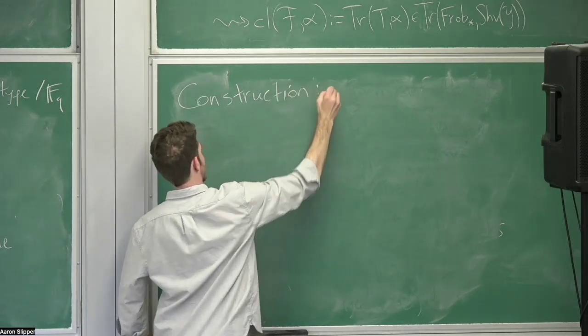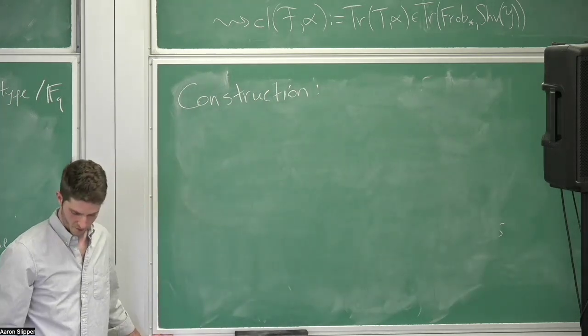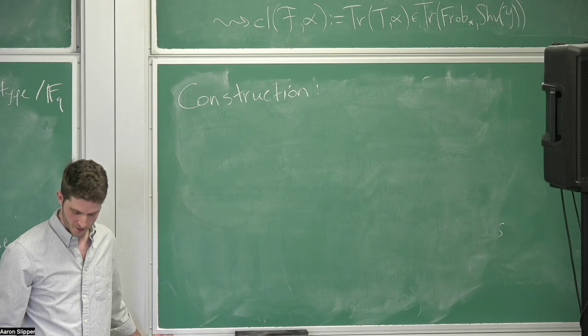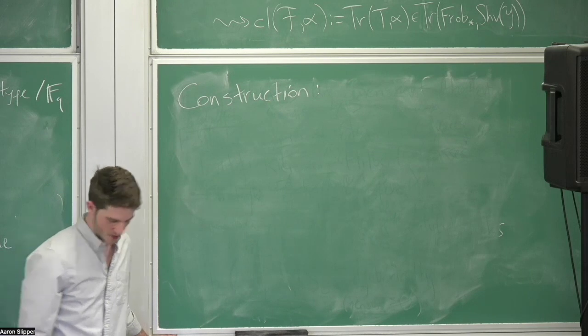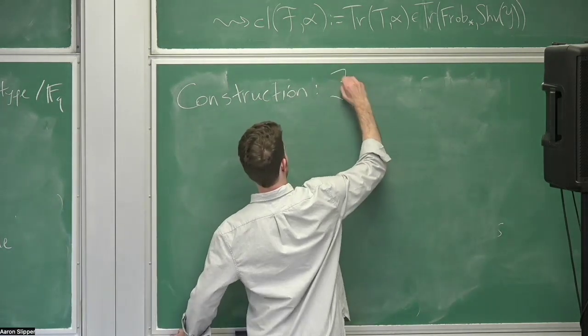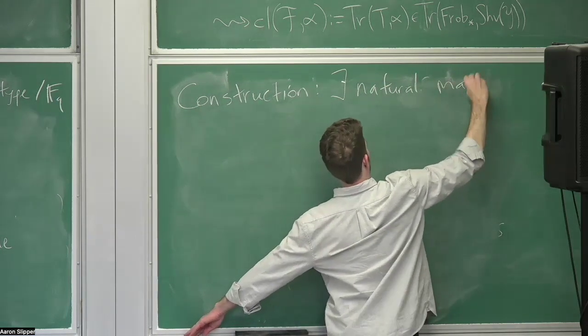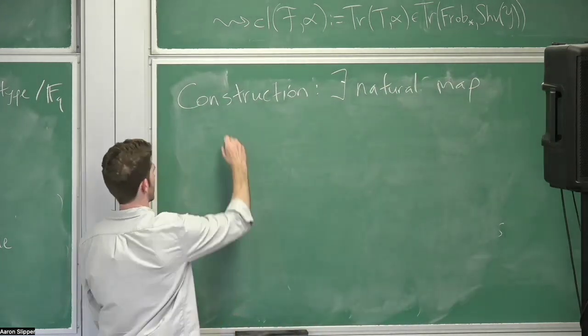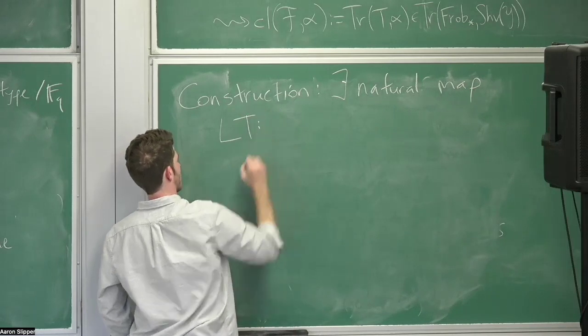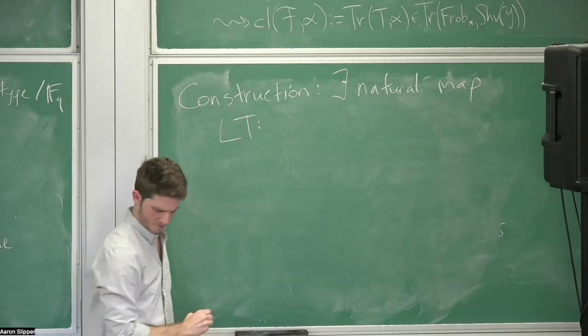So not only is it sort of a natural recipient for Frobenius trace, it's also kind of a natural source for producing functions by the Frobenius trace instructions. That's what I mean. So there exists a natural map, and for reasons that I don't entirely understand, they call it LT. I think it stands for local term.